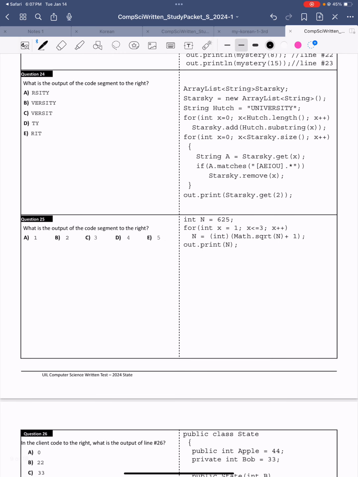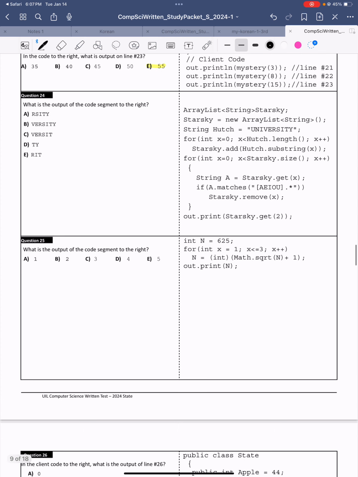Okay. Array list, string array list. We have Hutch, Starsky dot add substring of x. Oh, I see. Okay, so you basically only add university, and then you're gonna go 1, and then 1 is over here on the n, so it's gonna be university.